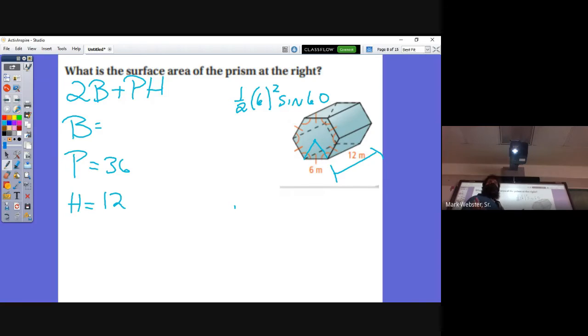But you can always wait and just leave it in that gross exact form that we have. So there's 6 of these. 6 squared is 36. Half of that is 18. And then we're going to multiply by 6 again for the number of triangles. So this ends up being, and you can just leave it like that, 108 sine 60. Y'all see what I'm saying about that?